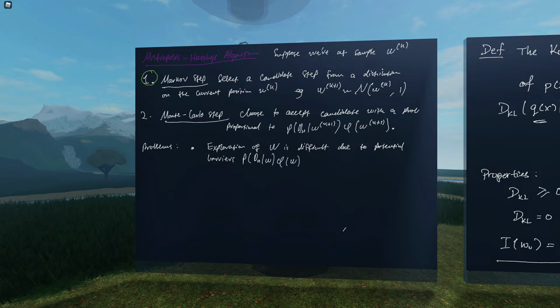These potential barriers essentially equate to, you can think of them as sort of infinitely high walls that are very difficult to get past. So there can be different regions of parameter space where the posterior is dense, has some sort of peak, and if we can't get there because they are separated by a long distance, then Metropolis Hastings struggles because it might only be taking quite small steps.